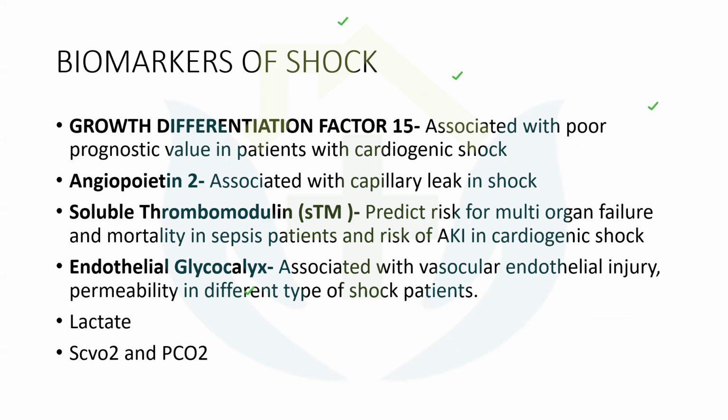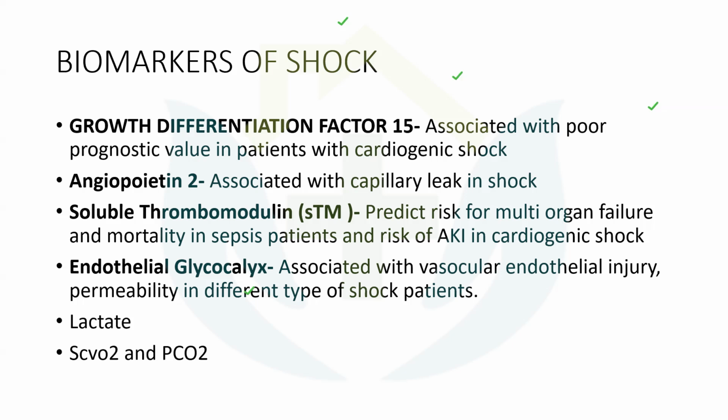Now, biomarkers of shock. In exams they usually ask biomarkers of sepsis, biomarkers of AKI. This is important. Another important topic is biomarkers of shock. So what are the biomarkers? As I have already discussed last week, ScvO2 and PCO2 definitely, but there are new biomarkers also, like growth differentiation factor 15. It is associated with poor prognostic value in patients with cardiogenic shock.